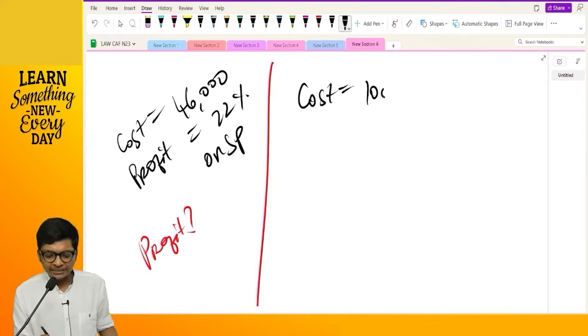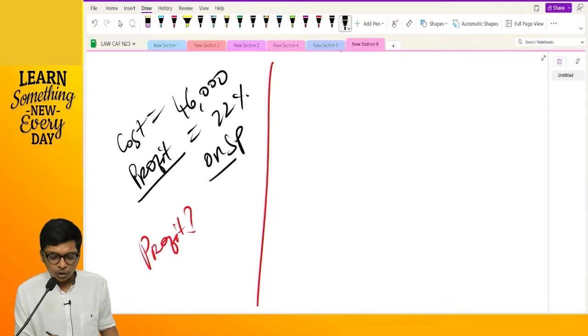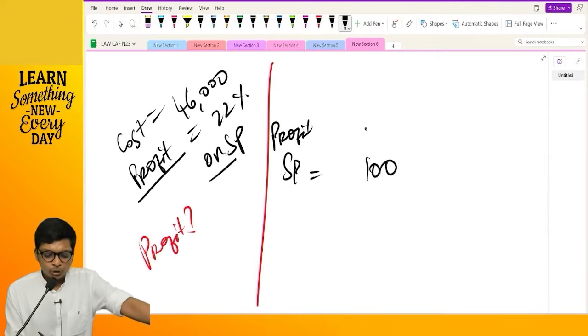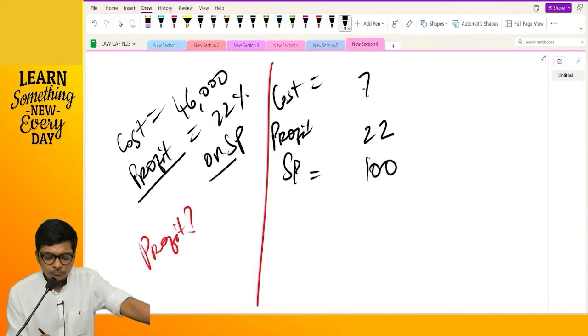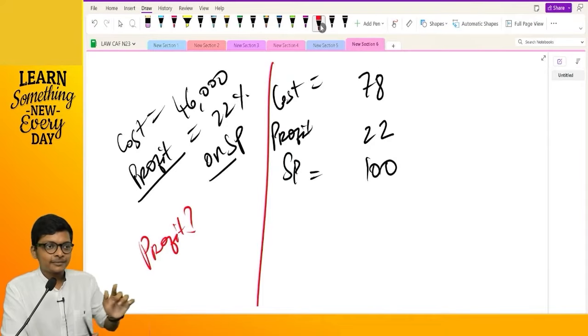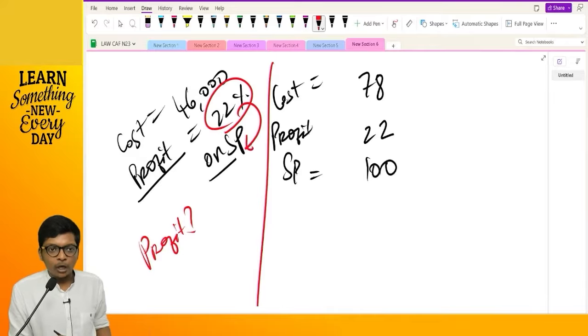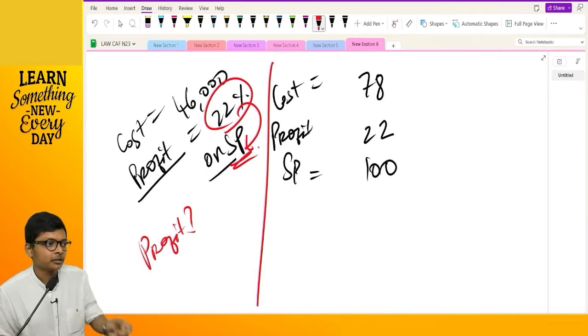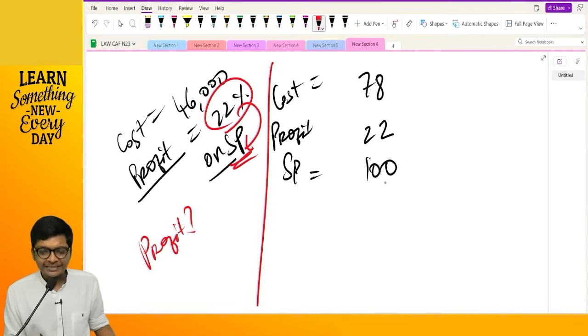Cost, assume it is 100. Profit is how much? 22% on selling price. So in this case, what I will do? I'll assume selling price as 100. So my profit is how much? 22% on selling price. So profit will be 22. Therefore, cost will be. Are you following, guys? It's a percentage on what? On the base, assume 100. So selling price is 100.